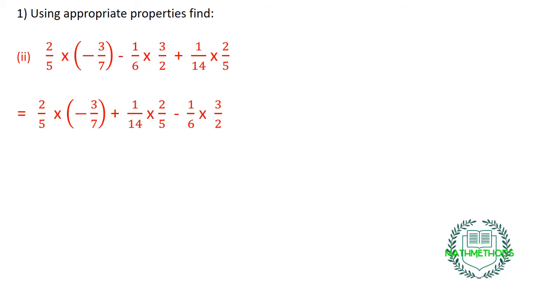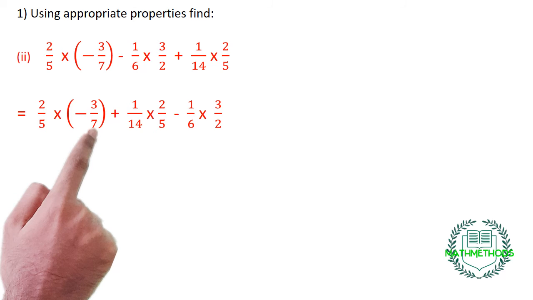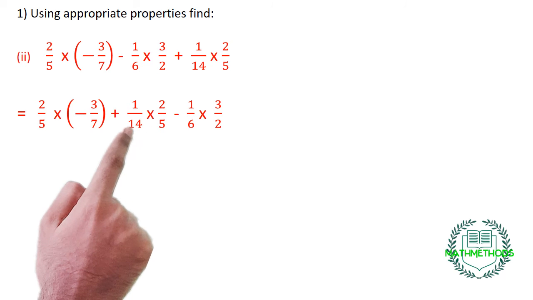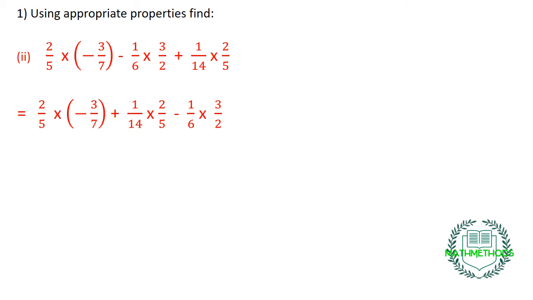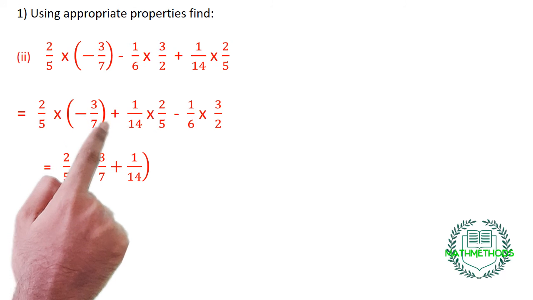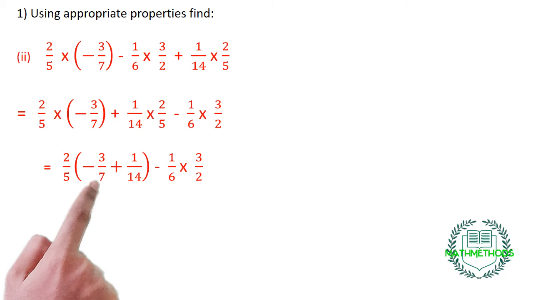Now you can see here 2 upon 5 multiplied by minus 3 upon 7 and 2 upon 5 multiplied by 1 upon 14. So 2 upon 5 and 2 upon 5 will take common, and into bracket we'll get minus 3 upon 7 plus 1 upon 14, minus 1 upon 6 multiplied by 3 upon 2. Now as per the rule, first solve what is inside the bracket.